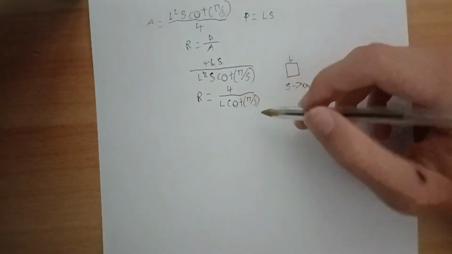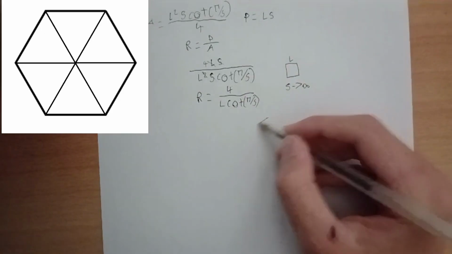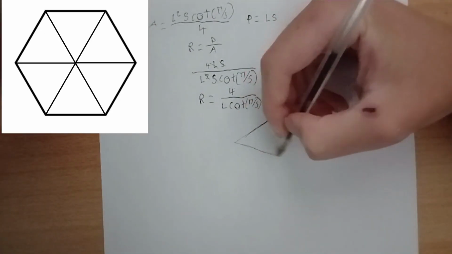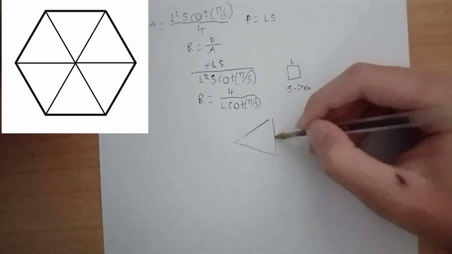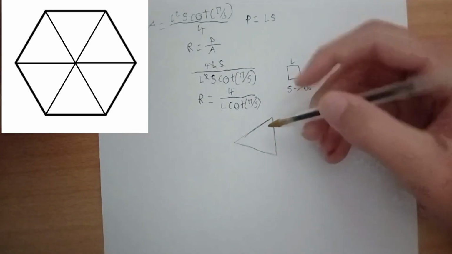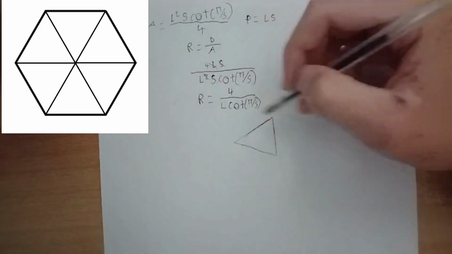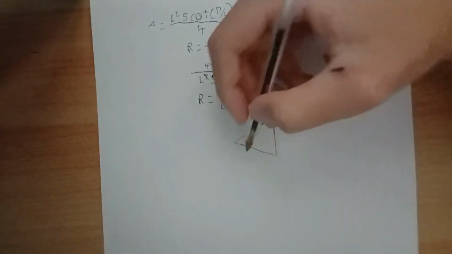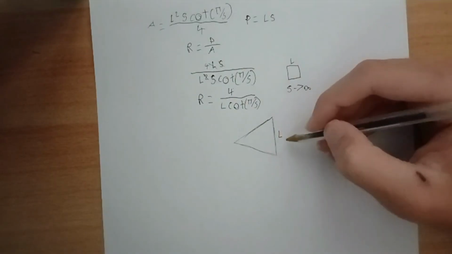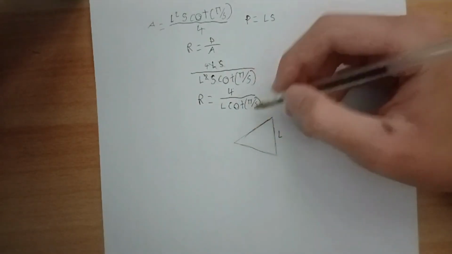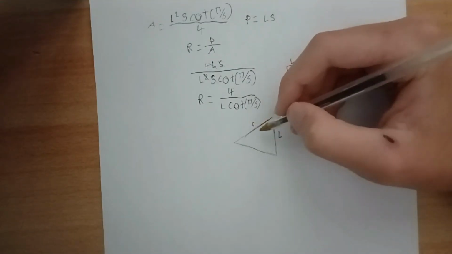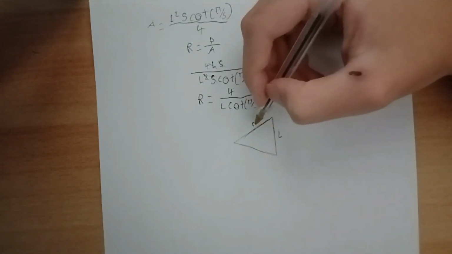So if we look at a subdivided part of a shape, like a polygon, we get this triangle, and then there's all the other triangles that then form the shape itself. So if we look at this, we've got L, our side length here, and then this is our radial length, essentially OR. So we want to find OR.